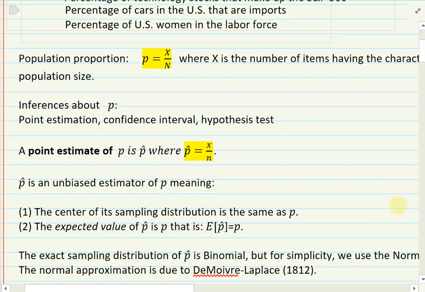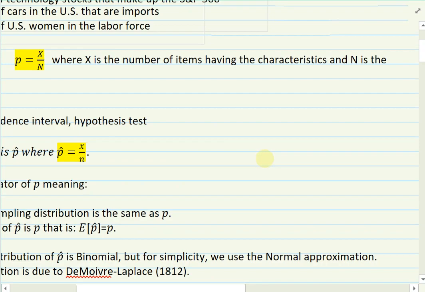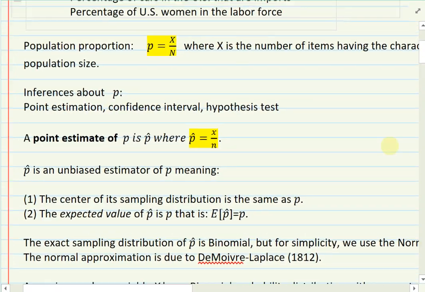Now, in order to do confidence intervals and hypothesis tests, we need to know the sampling distribution of P hat. The sampling distribution of P hat turns out to be binomial. Now, for simplicity, we're going to use the normal approximation to this distribution.